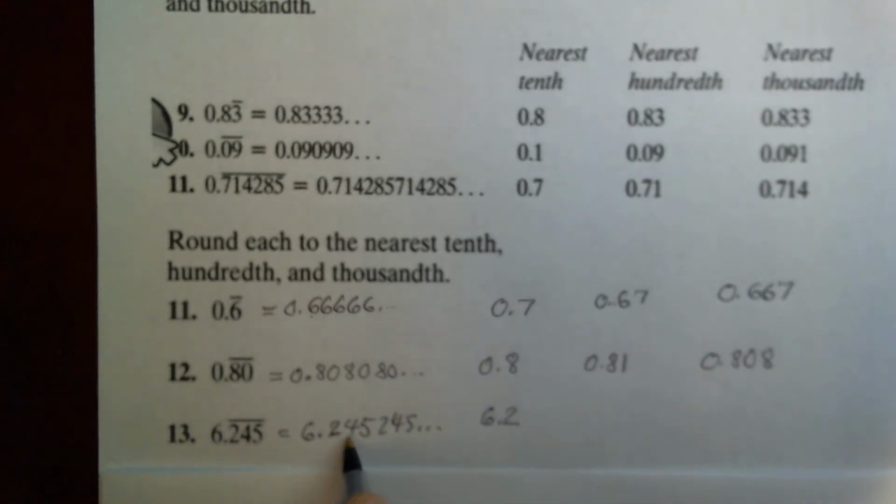The nearest hundredth, since the 4 is followed by 5, it becomes 6.25. And then for the thousandths, that would be the 5, and since the 5 is followed by 2, we round down to 6.245.